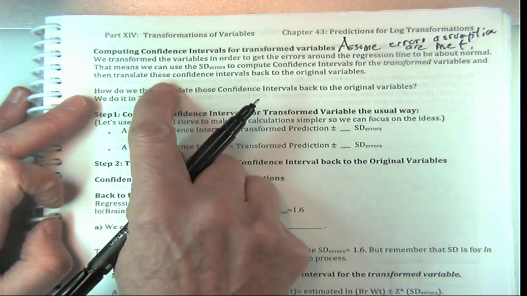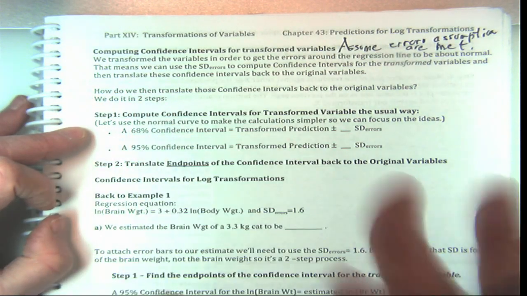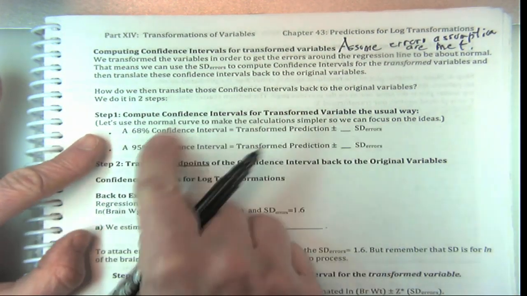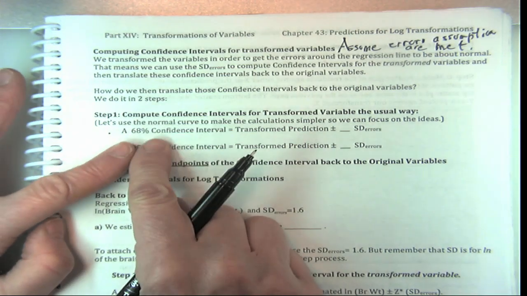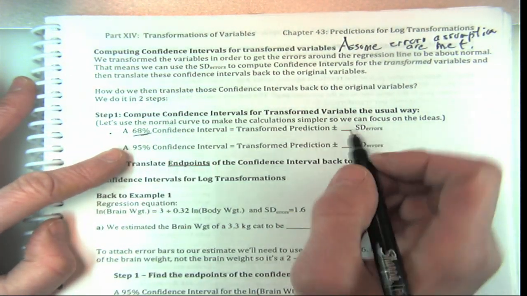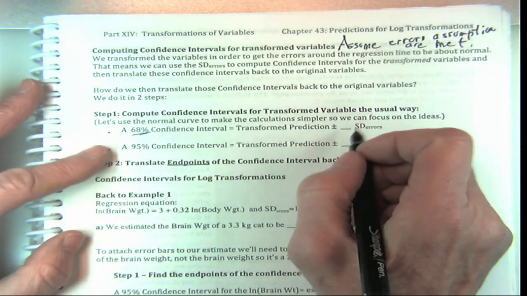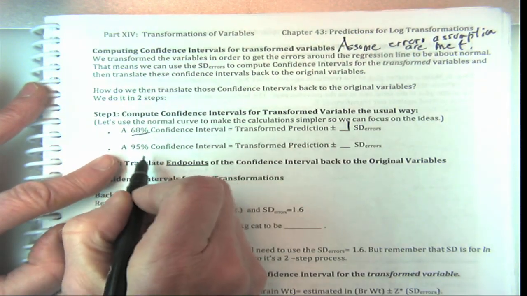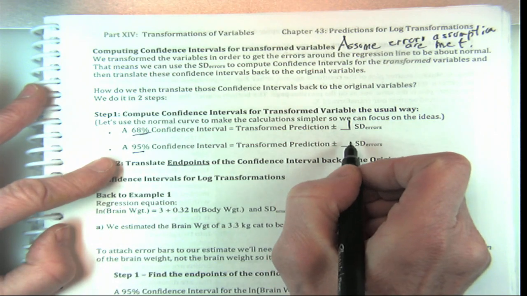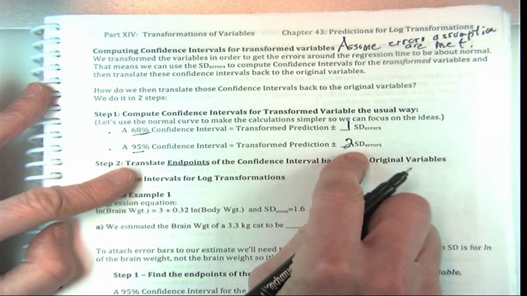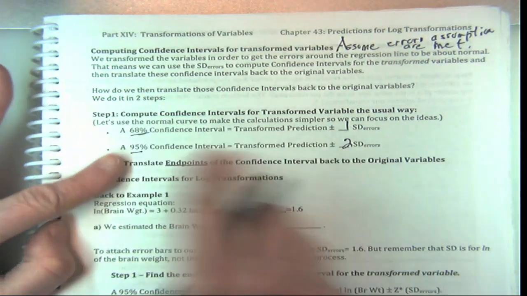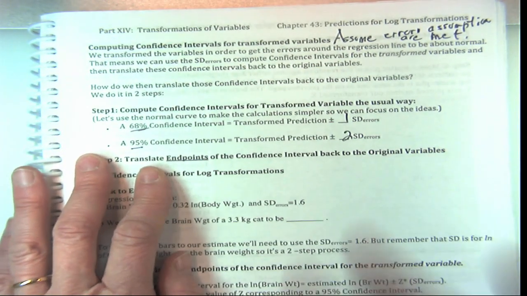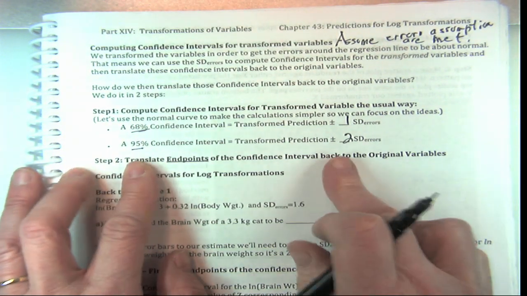So we're going to have to do it in 2 steps. This is the usual thing we always do. 68% critical value. We're going to use normal curves here because we're assuming things follow the normal curve. 95%, this is Z star, 1.96 really. So we're just going to do it very simply using our usual confidence intervals, right?